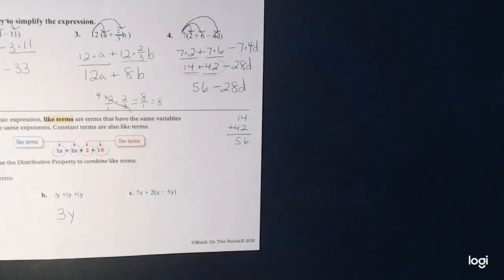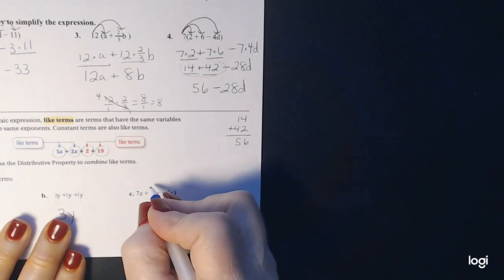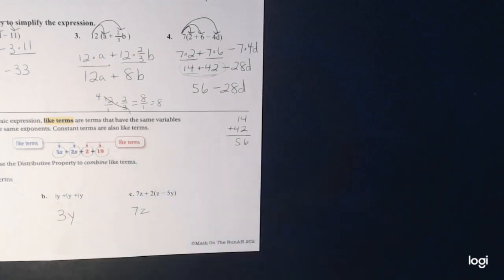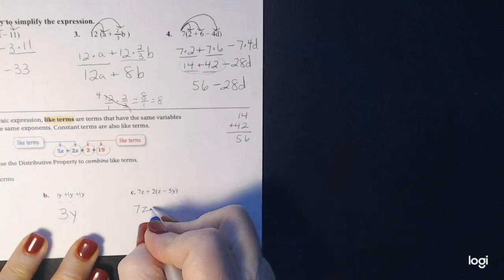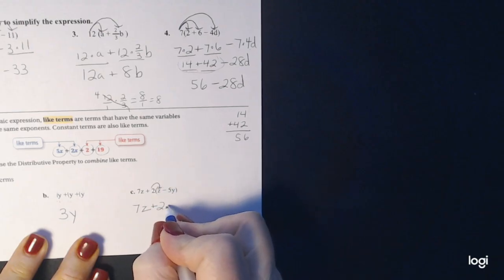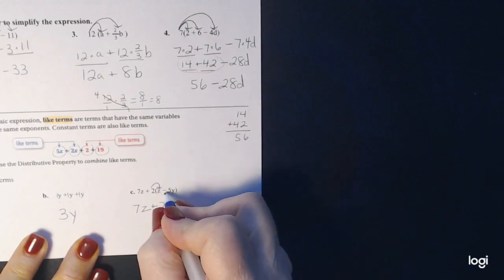So if we're going to do the distributive property, let's go ahead and put our 7z right here. And then we're going to distribute, we're going to have a plus 2 times z. 2 times z. There's my minus.